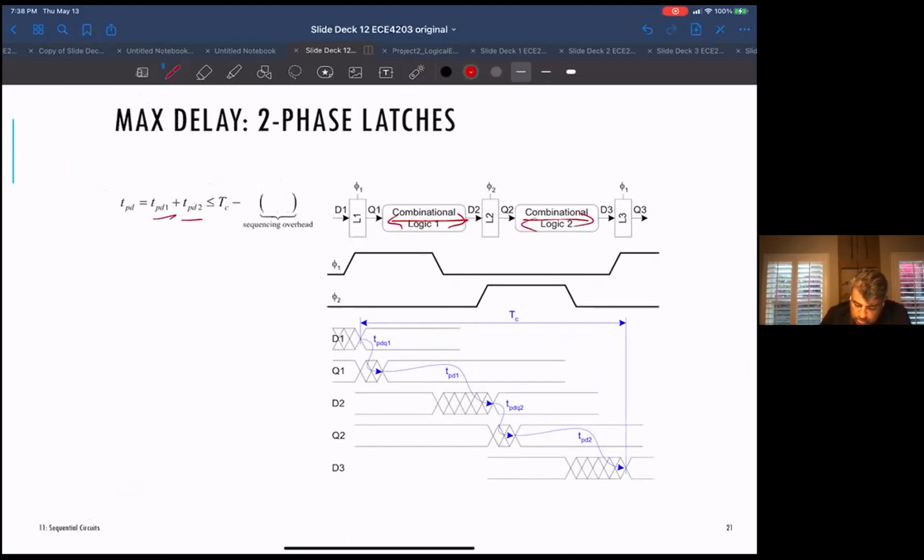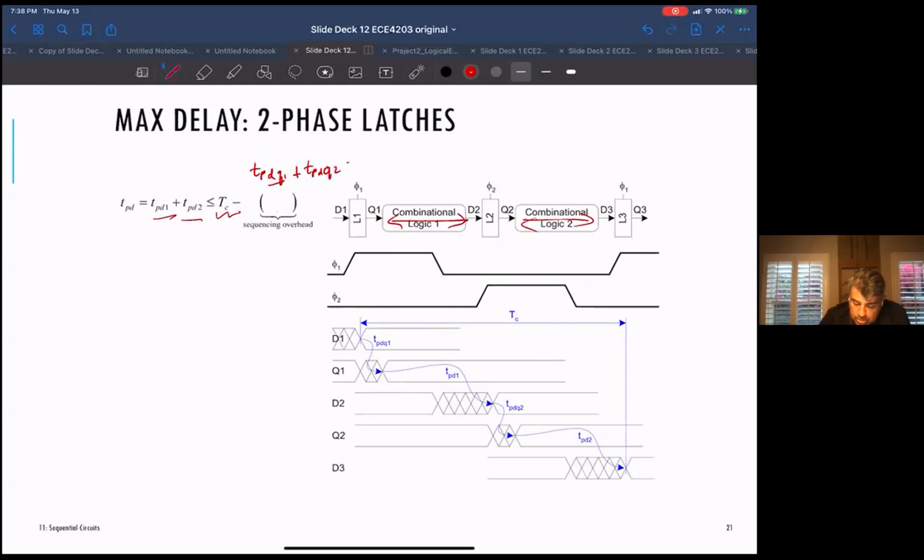Those two have to be less than the clock period minus the prop delay from D to Q for the first latch plus the prop delay from D to Q for the second latch.